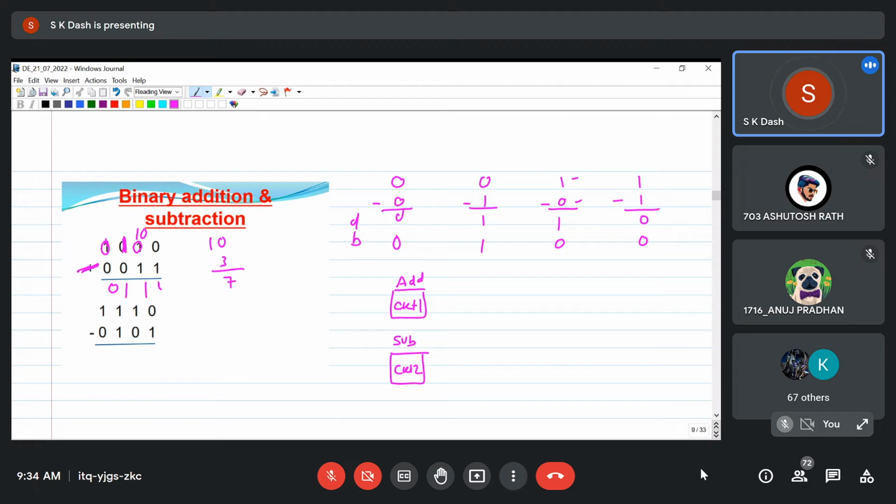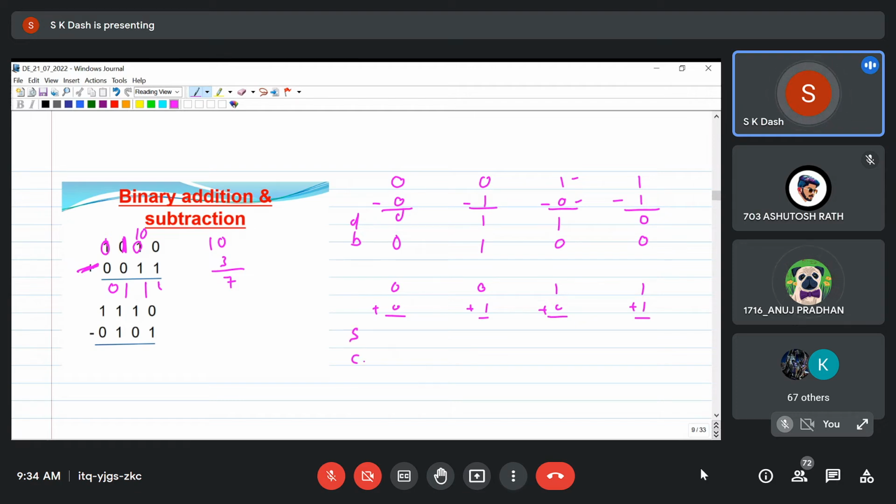Now what is happening? We are requiring two different circuits to perform this task. But this process is quite similar. How? For that, one second, let me show you. 0 plus 0, 0 plus 1, 1 plus 0, 1 plus 1.